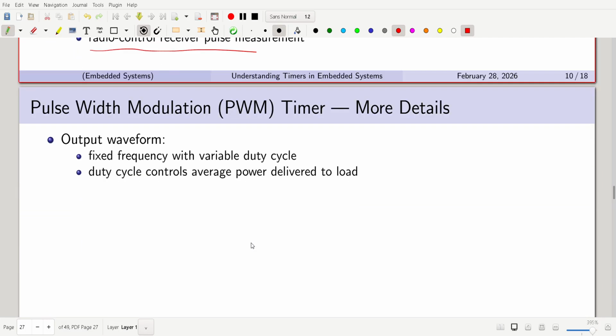Now we move on to the pulse width modulation timer, which is frequently used for output waveforms. The output waveform has a fixed frequency with a variable duty cycle.